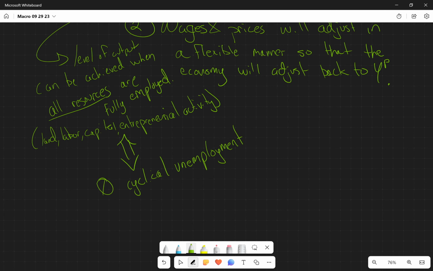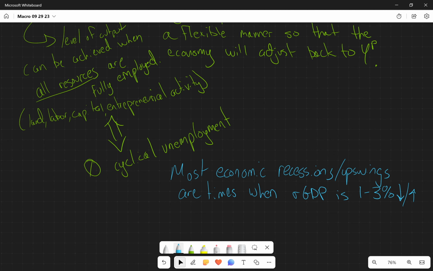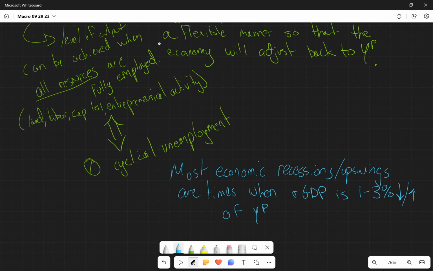And for the United States, at least, most economic recessions and upswings are times when the real GDP is 1 to 3% below or above. Sorry, I did that wrong. Below or above, right? Because I said recessions first, then upswings, so below, then above, of my potential GDP in a given year.